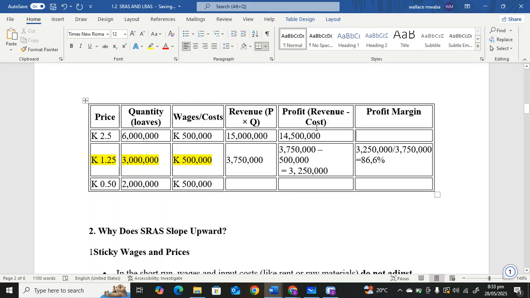So our profit margin, 14,500,000 divided by 15 million. Are we getting 96.6?